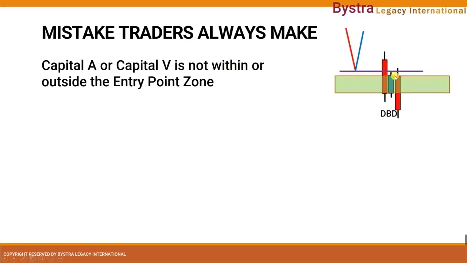So we mark our entry point. In this case, the example is the drop base drop. The capital letter V, which is the support, is not inside this drop base drop. Therefore, the SOP is incomplete. So this kind of thing, we do not take this trade, or we do not count this as an SNRC1.